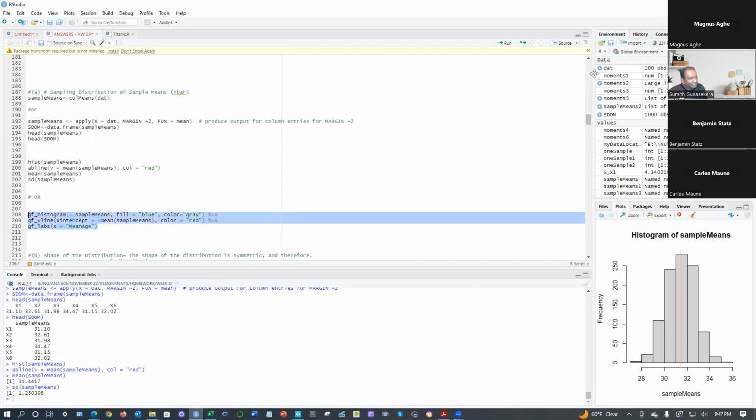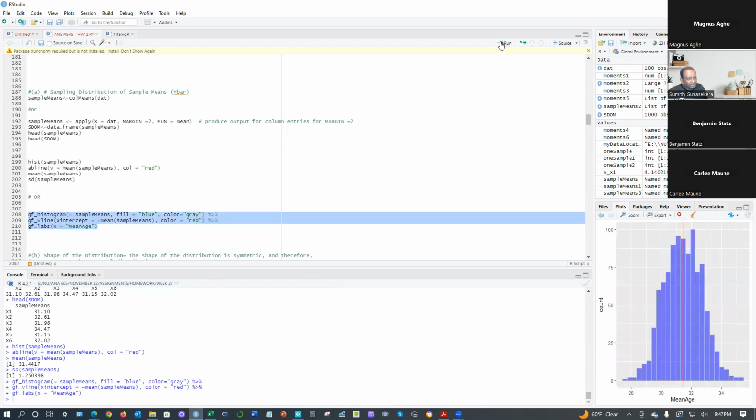Or you can get it done this way. From the central limit theorem, the sampling distribution, regardless of your population distribution, whether symmetric or non-symmetric, if you are dealing with a large sample, looks like a normal distribution.